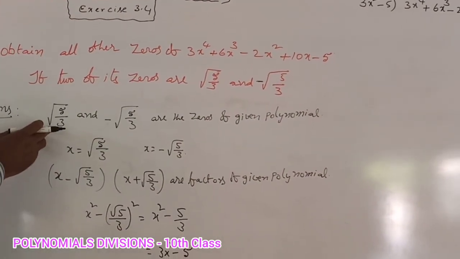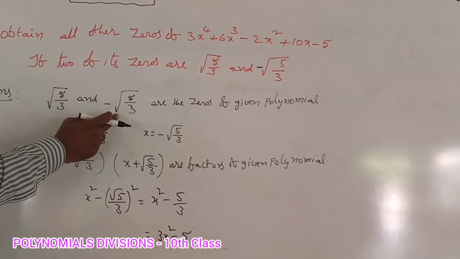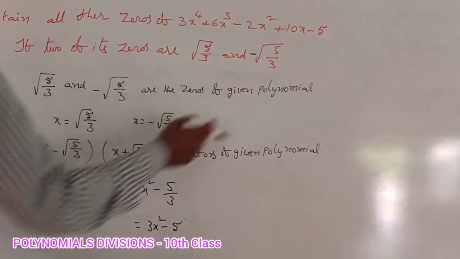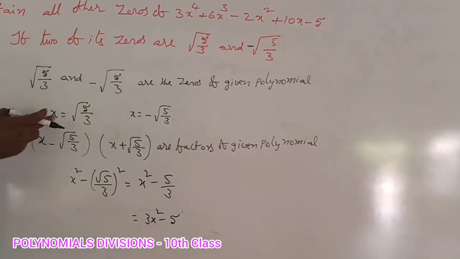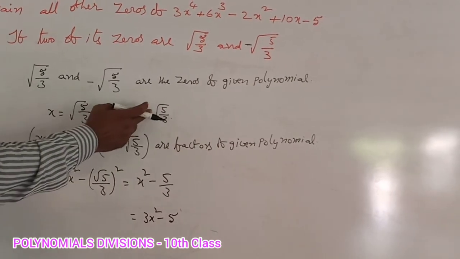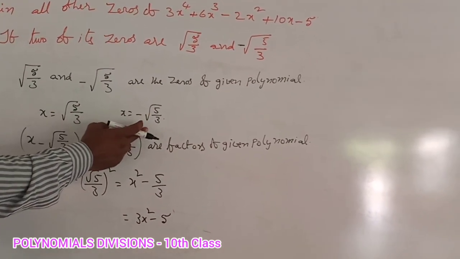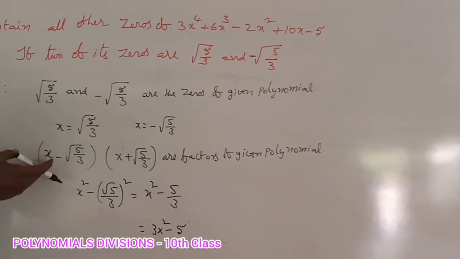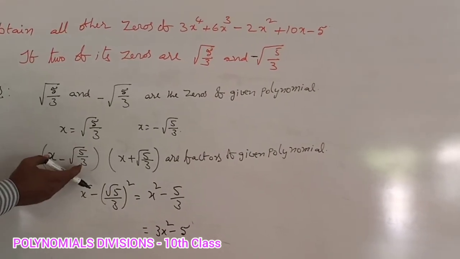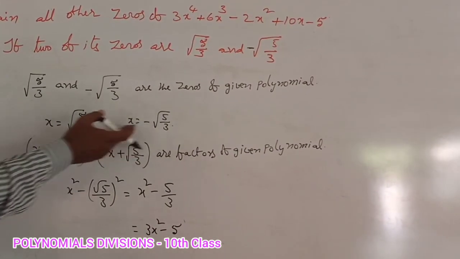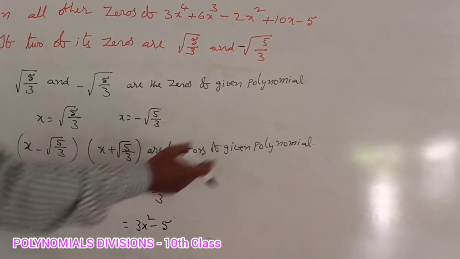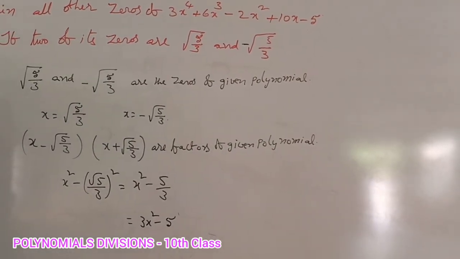Root 5 by 3 and minus root 5 by 3 are the zeros of the given polynomial. So x equal to root 5 by 3 and x equal to minus root 5 by 3. Changing sides, x minus root 5 by 3 and x plus root 5 by 3 are the factors of the given polynomial.